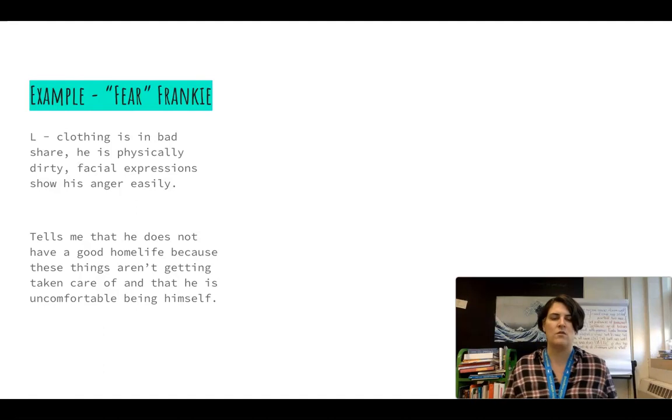So somewhere along the line, there's somebody not caring. He's not getting taken care of, and he's uncomfortable, and he is, again, that word impulsive coming up, because you can see the emotion and he reacts to it.